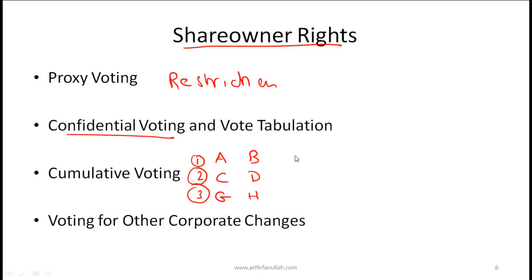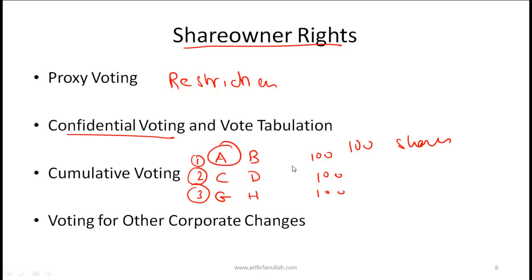Now let's say that a given small investor has 100 shares, and he feels very strongly about voting for A. What he can do under the cumulative voting mechanism is he has actually 300 votes. Under normal circumstances, he can vote his 100 shares over here, 100 over here, 100 over here.